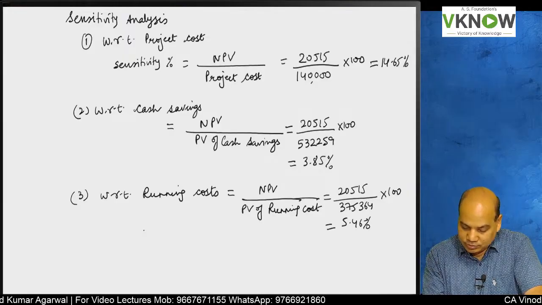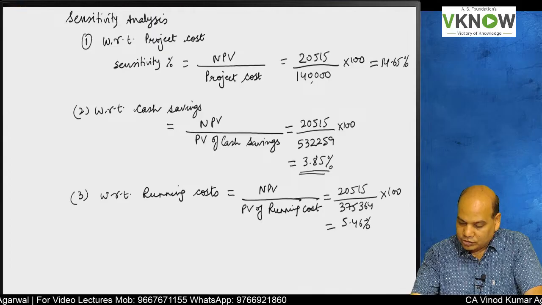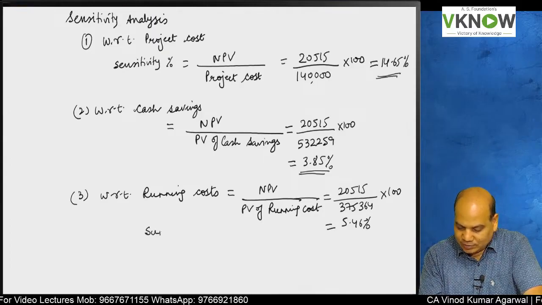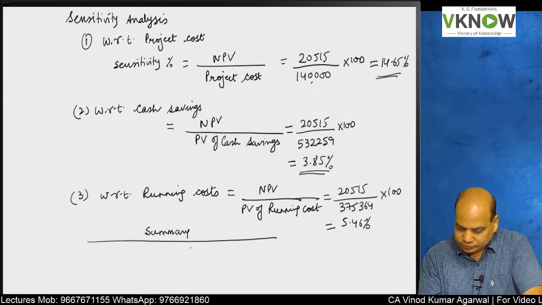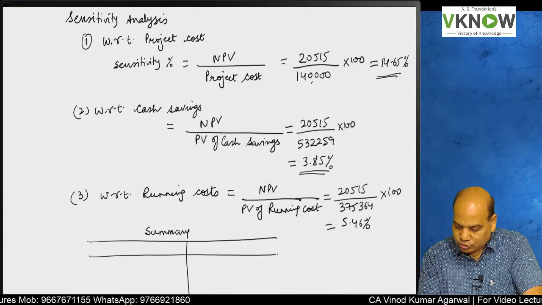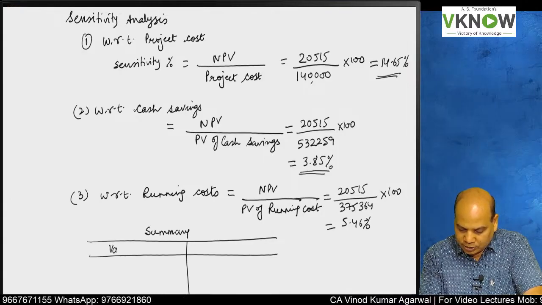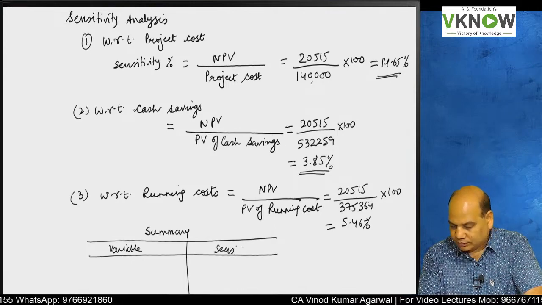Now you write down which is the lowest and which is the highest. So make a summary. Under summary, two columns, variable and sensitivity percentage.